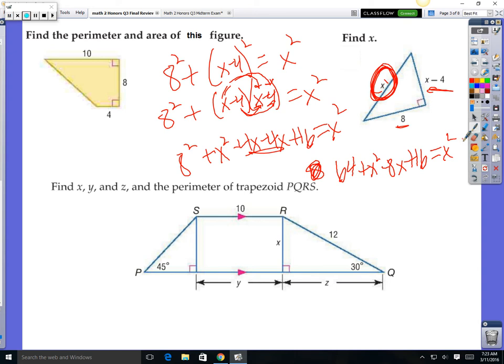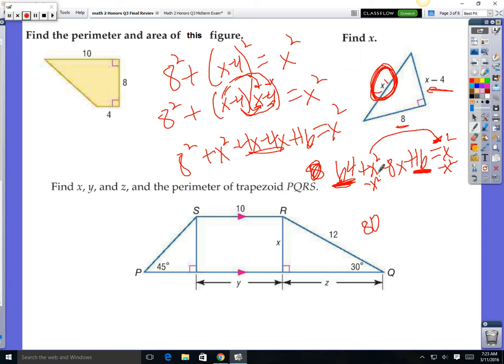Okay, now I'm going to move this x squared over with this x squared, and they should zero out. If I minus x squared minus x squared, I'm going to combine this 64 with this 16. Those are like terms. So 64 and 16 is 80.